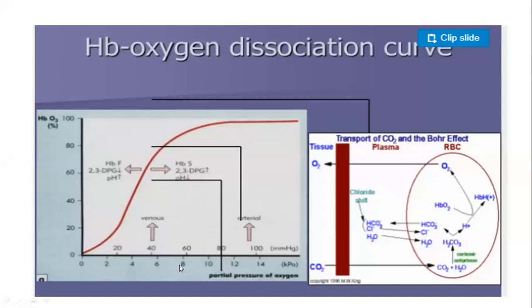So the more partial pressure of oxygen you have, it simply means you are dealing with a hemoglobin that is a little more difficult to either let go of oxygen or at least allow oxygen to come into the hemoglobin.